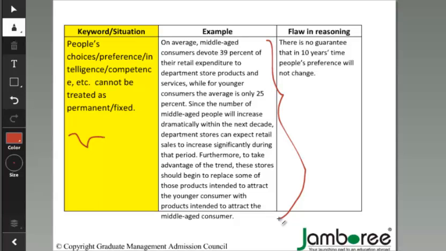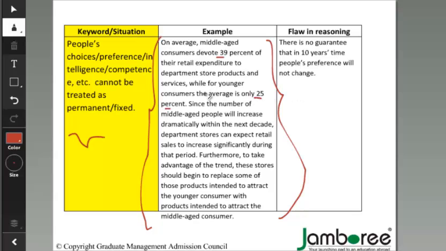So it will come more in the order of this. If you can just look at it, read it carefully. This is again an actual AWA topic. You'll find it in your official guides. On average, middle-aged consumers devote 39% of their retail expenditure to department store products and services, while for younger consumers the average is only 25%.